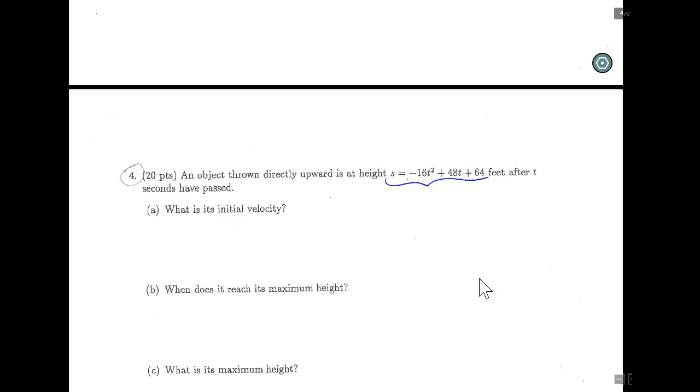So velocity, v(t), is the derivative of position, which will be negative 32t plus 48. And we want initial velocity, so that's going to be when t equals 0. So when t equals 0, we get 48, and this is feet per second.